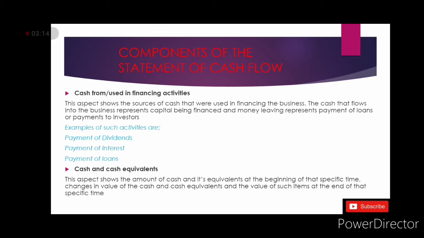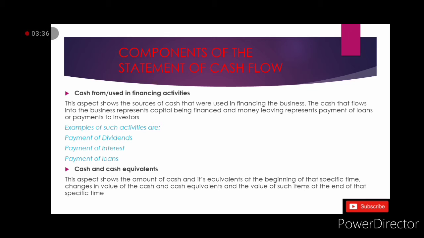Now, this aspect shows the amount of cash and its equivalents at the beginning of the specific time for which that cash flow statement was drawn, the change in value of cash and cash equivalents, and the value of such items at the end of that specific time.